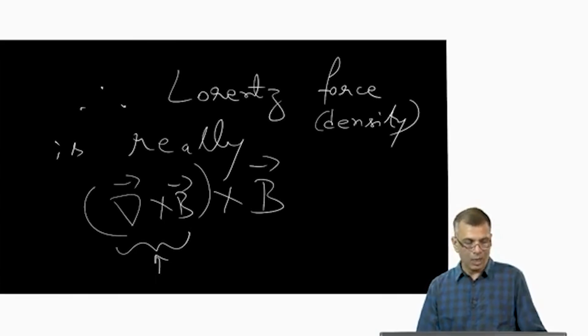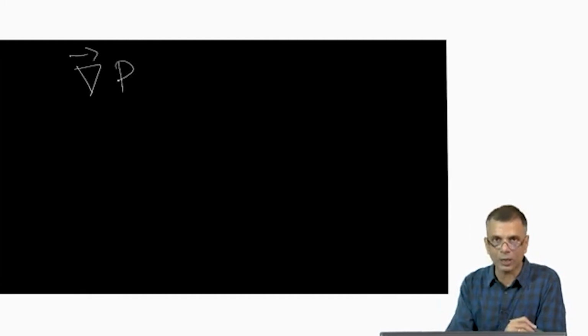Okay. Now, you see, in the momentum equation, what are the other terms? Apart from body force, the other terms in the force equation are things like the gradient of a scalar pressure.